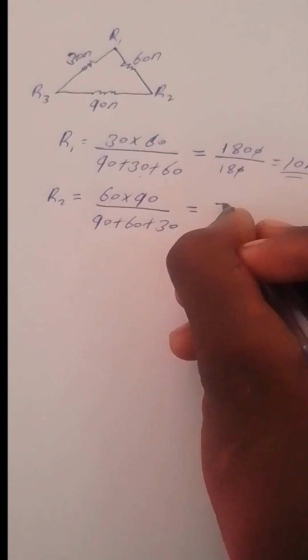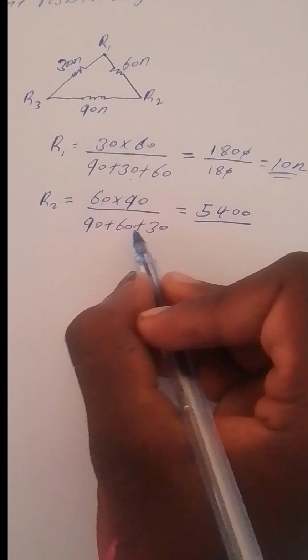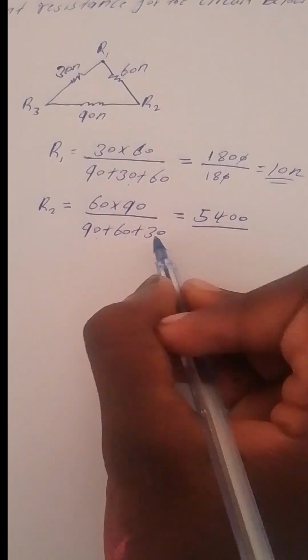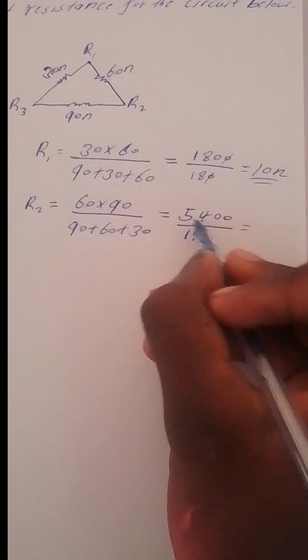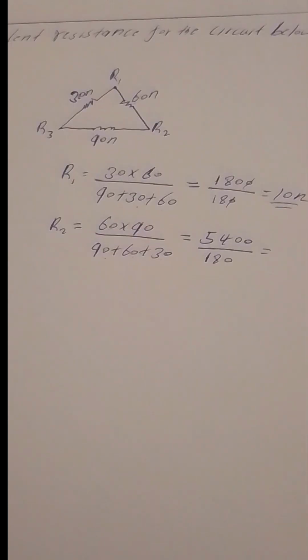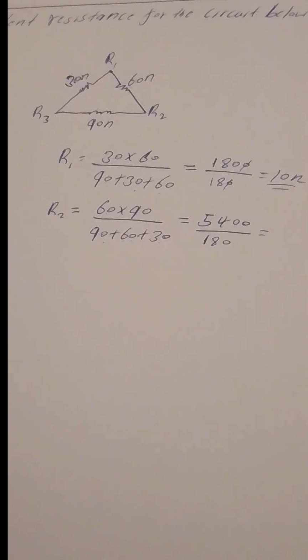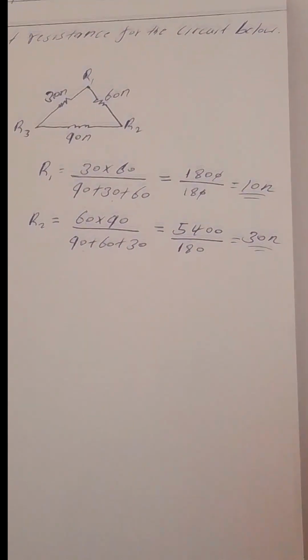So 60 times 90 gives us 5,400 over 180. 5,400 divided by 180, you can use your calculator, gives you 30 ohms. So R2 is 30 ohms.